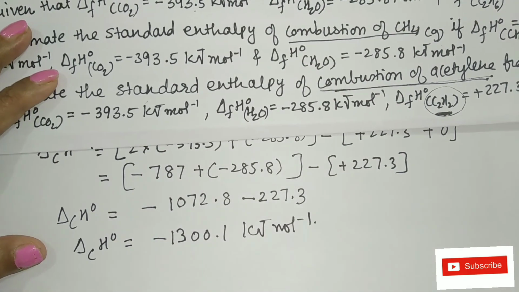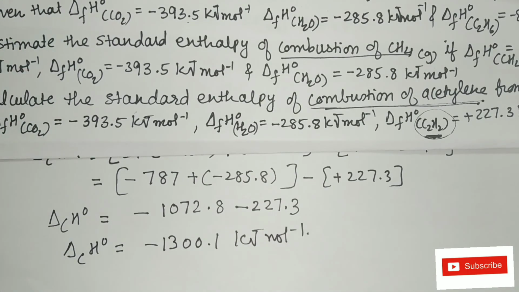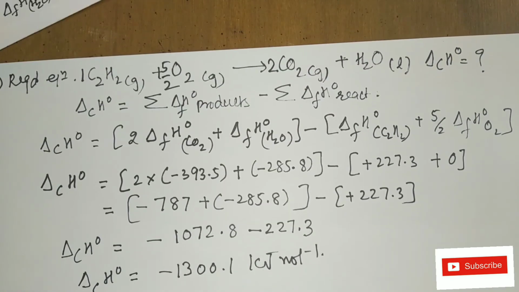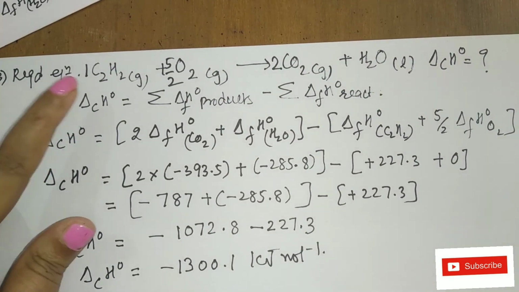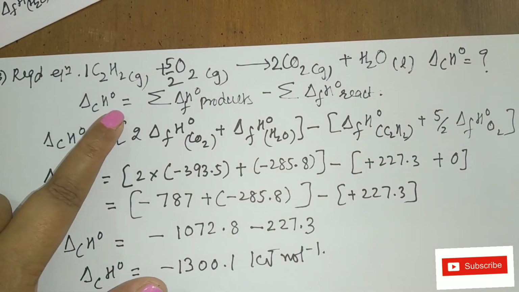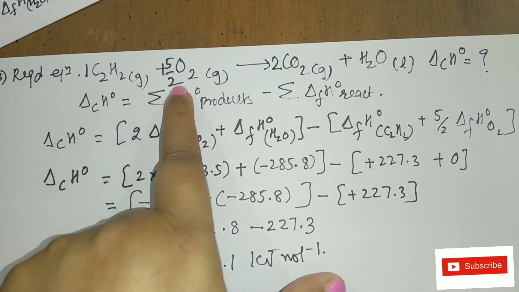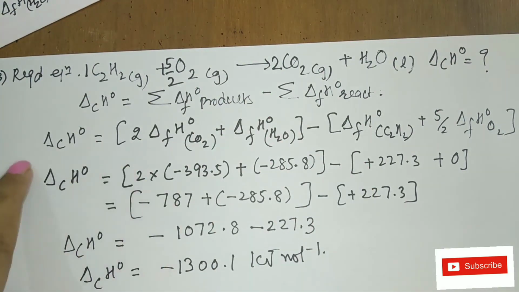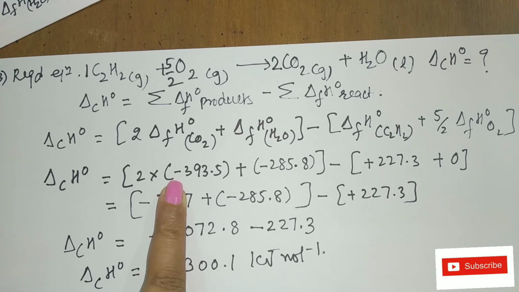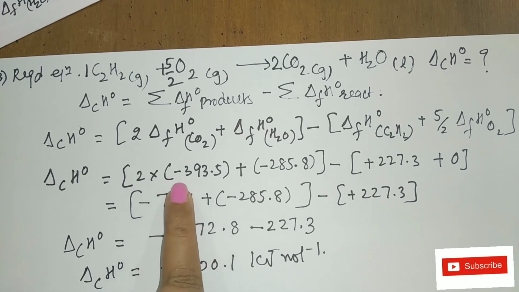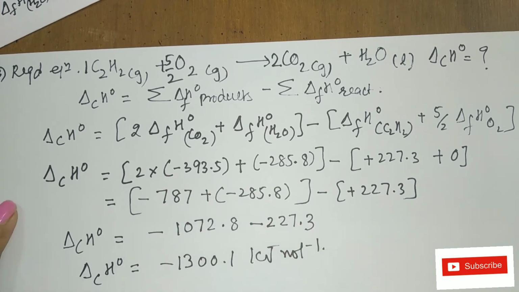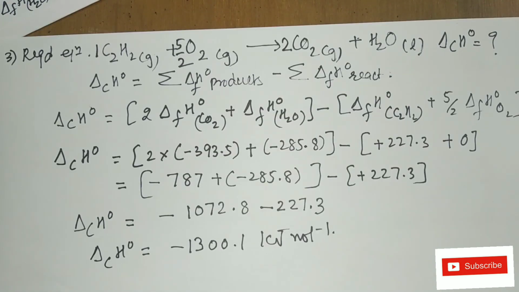So this is how you solve the problems based on combustion. It is always advised to write the required equation first, then check whether it is balanced. After that, write the formula, put the particular species in the formula, and then solve it accordingly. It's very, very important. You have to be careful about the negative and the positive signs of the enthalpies. So I hope you have understood how to solve this.